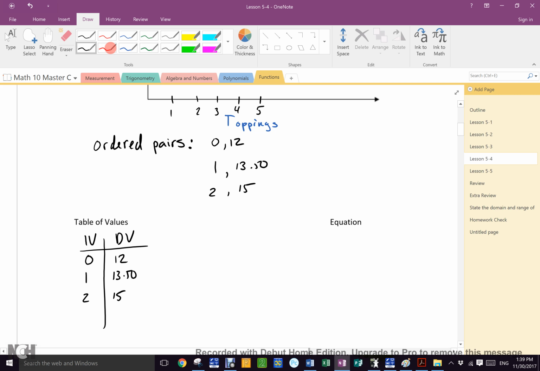Now if we're going to understand it as an equation, then what must be happening? Algebra. I must do some math, yes? Right? Now, Brianna, how do I arrive at my dependent variable? I do something to the independent variable, don't I?